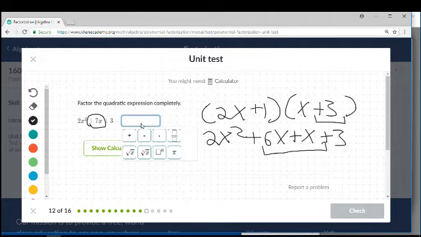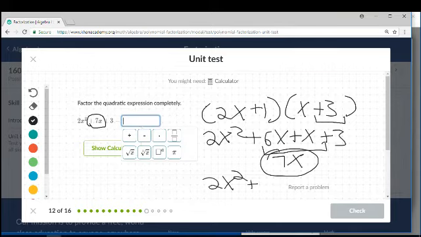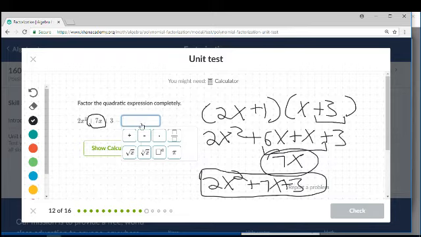The 6x and the x combine to make 7x. So we have 2x squared plus 7x plus 3. So, long story short, the answer is going to be 2x plus 1 and x plus 3.